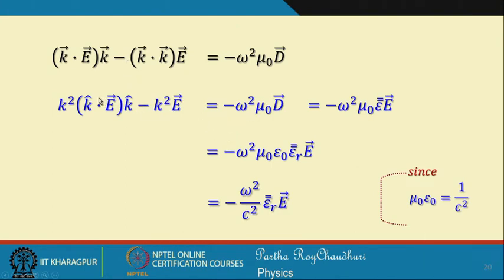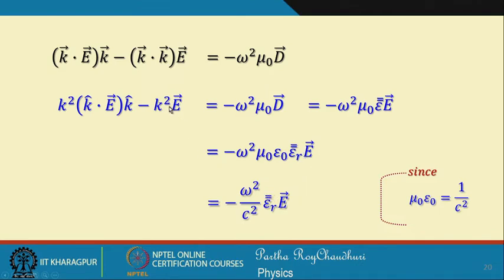So, we write this equation because, as I have mentioned, k dot E equal to 0. So, minus k square E is equal to minus omega square mu naught D, but D we can write explicitly in terms of the permittivity of free space and the relative permittivity, which is a tensor, multiplied by this electric field.